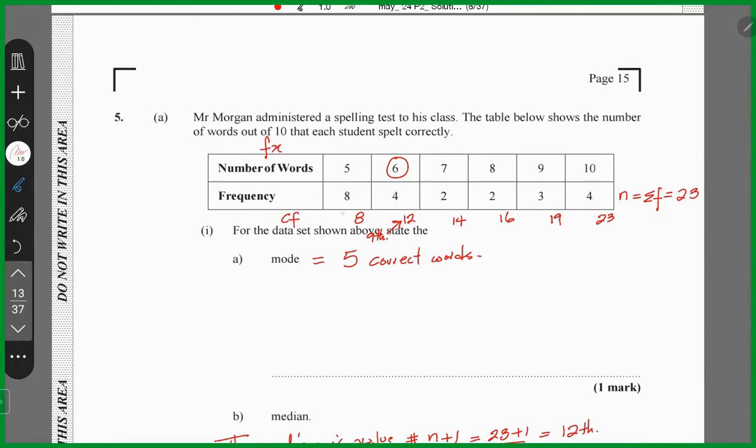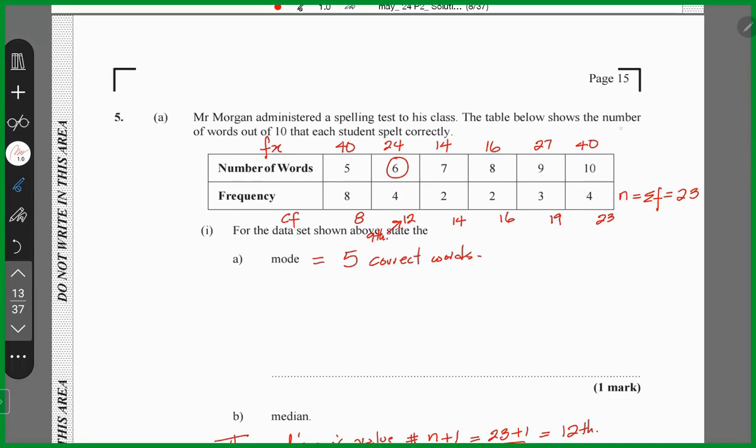It's frequency times value. So it's 8 times 5, 40. 4 times 6, 24. 2 times 7, 14. 2 times 8, 16. 3 times 9 is 27. 4 times 10 is 40.